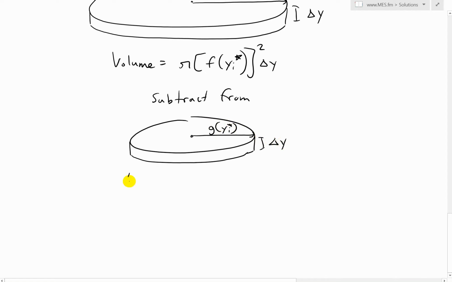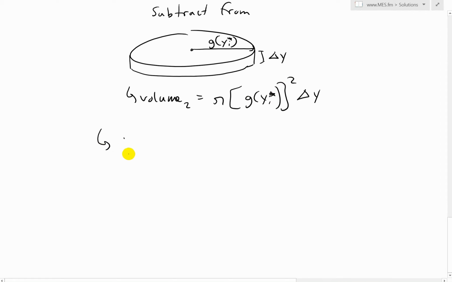So let's write volume 1 and volume 2. Volume 2 is pi times the radius squared, the area of this circle, times delta y, the height, to get the volume. This is g of yi star squared delta y. When we subtract, Vi is basically V1 minus V2.